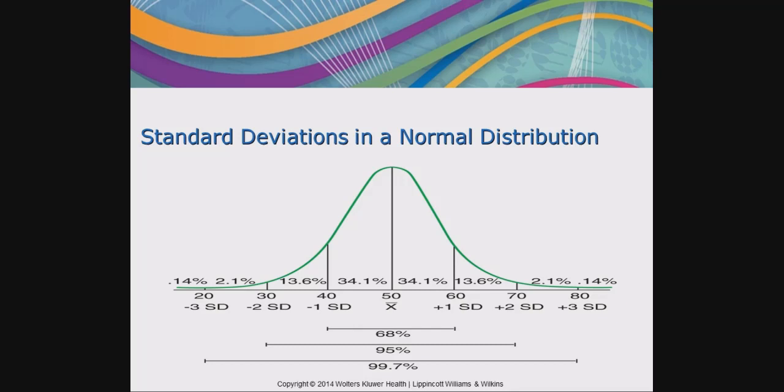Range is from 20 to 80. So the standard deviation, again, takes into account all values in a set of data. And remember, it just helps you look at the variance from the mean or from the average. How far do those scores go?